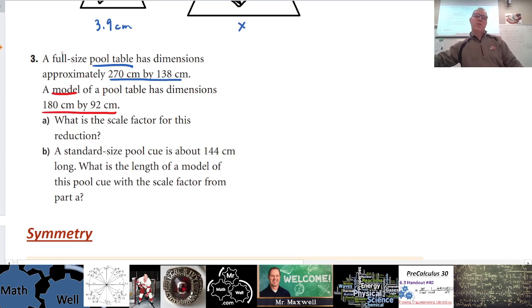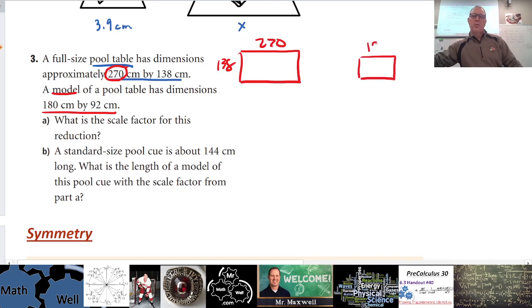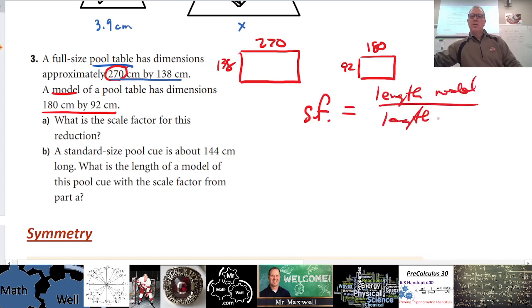It should be less than 1. So how do we figure that out? Well, this is the larger side. So it's a rectangle, a pool table, right? So we've got 270 and 138. The model is smaller than that. So it's 180 as the long side and 92. So the scale factor, if you remember, is the length of the model on top divided by the length of the original. Is that correct? Okay.